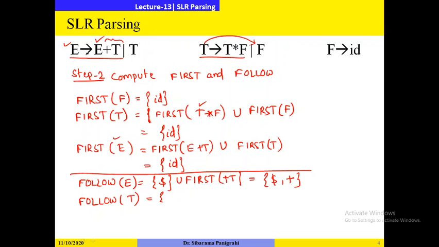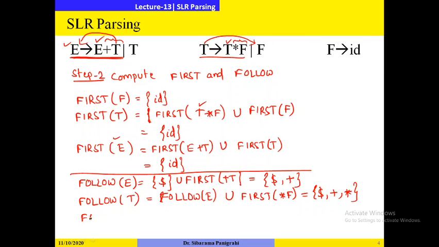In the production E gives E plus T, follow of T is follow of E. Union, here you are having T in T gives T star F, so follow of T is first of the remaining, that is first of star F. So for follow of T, you will get dollar plus first of star F, which gives star.